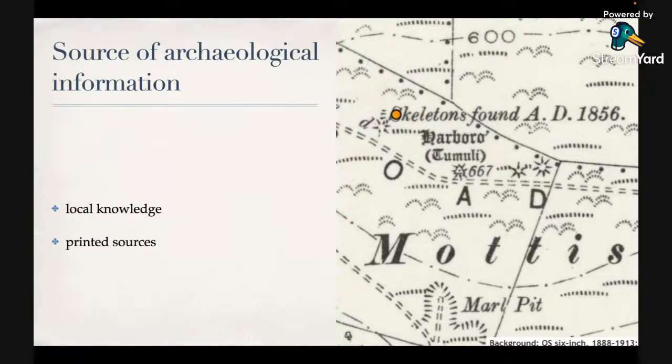So again, let's unpack this. Do you see that the provenance of the information is also getting really complex? We're not talking anymore about things that the surveyors knew or could see. We're talking about community knowledge that made its way into the map, and academic knowledge that also made its way into the map.